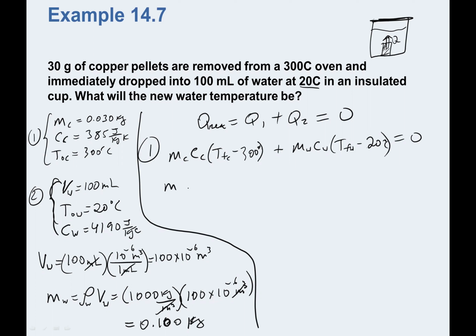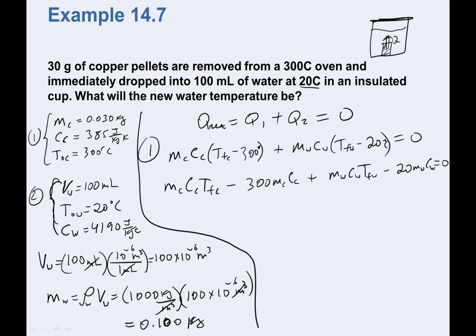I have M_C times specific heat of C times T final of C, minus 300 times M_C specific heat of C, plus M water, C water times final temperature of water, minus 20 times M water specific heat of water, and that equals 0.